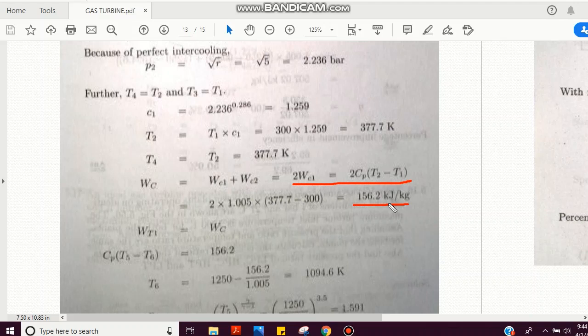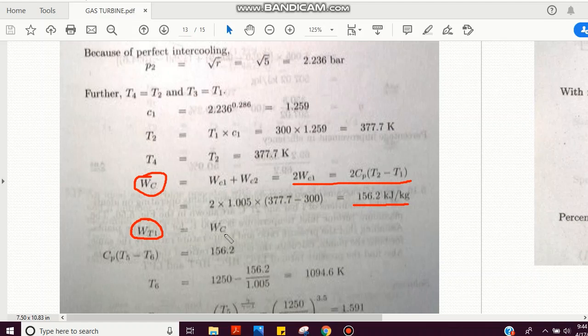Here in the numerical it's given that the first stage of expansion, that means the first turbine work, drives these two compressors. So the net compressor work, that is WC, equals the work done by the first turbine, because it's given that the first stage of expansion drives the two compressors.